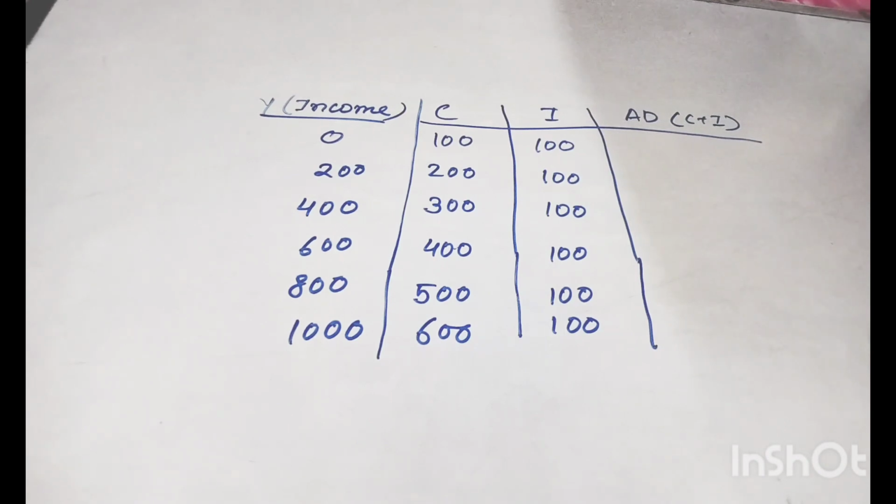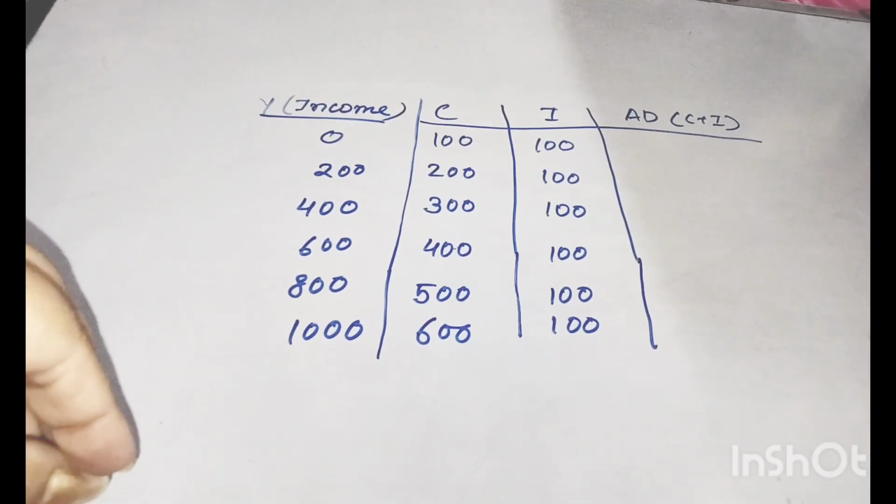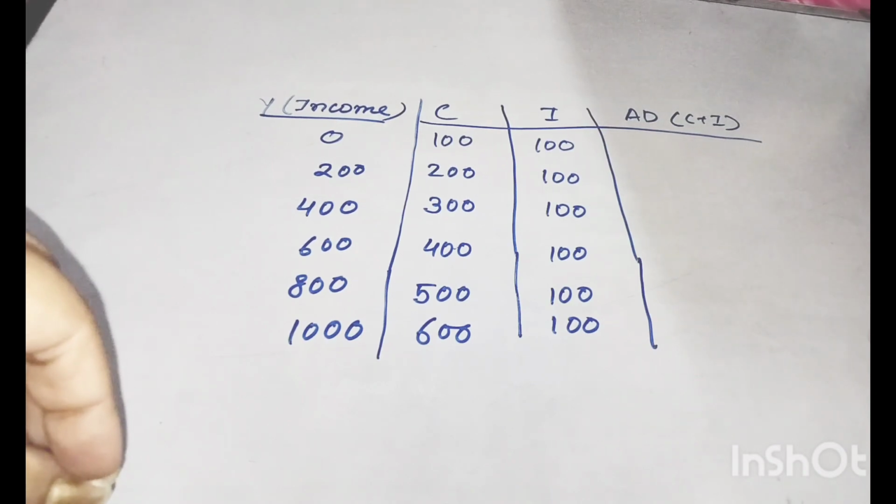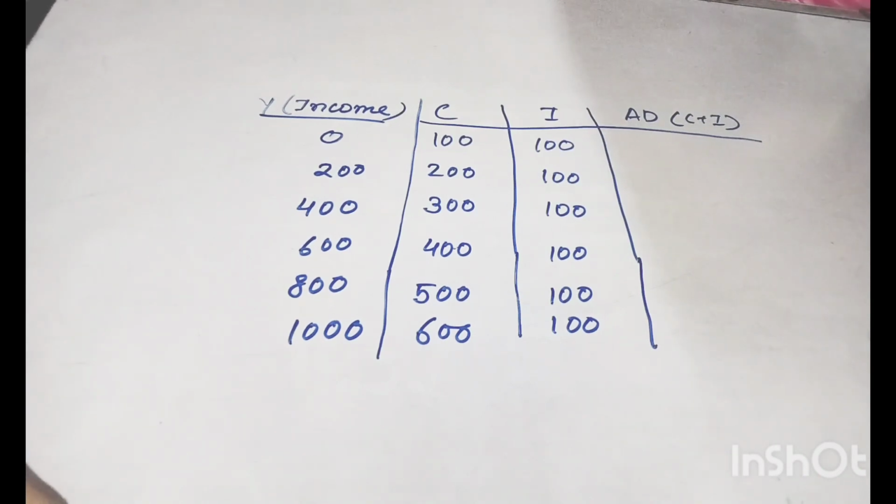This is termed as autonomous consumption, because some minimum expenditure is always essential in an economy. That means at zero level of income also, if you don't earn anything, you still have to consume something.